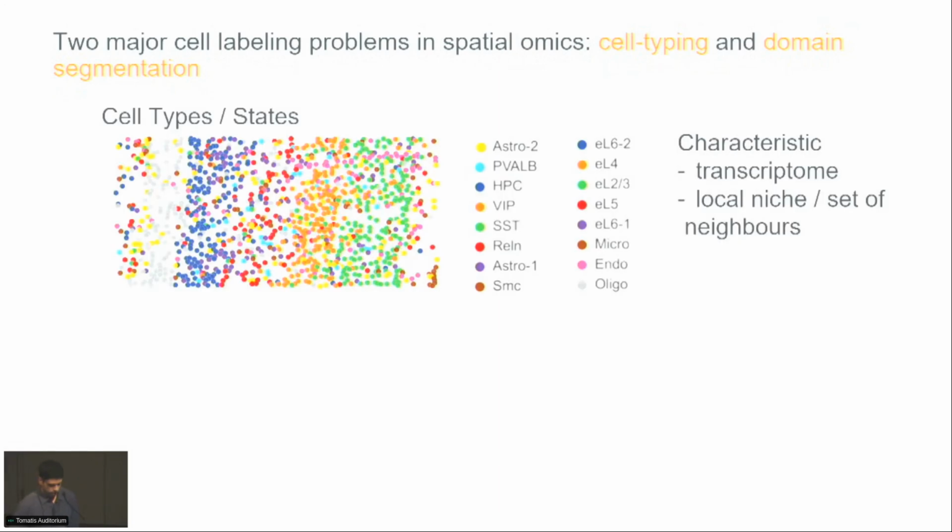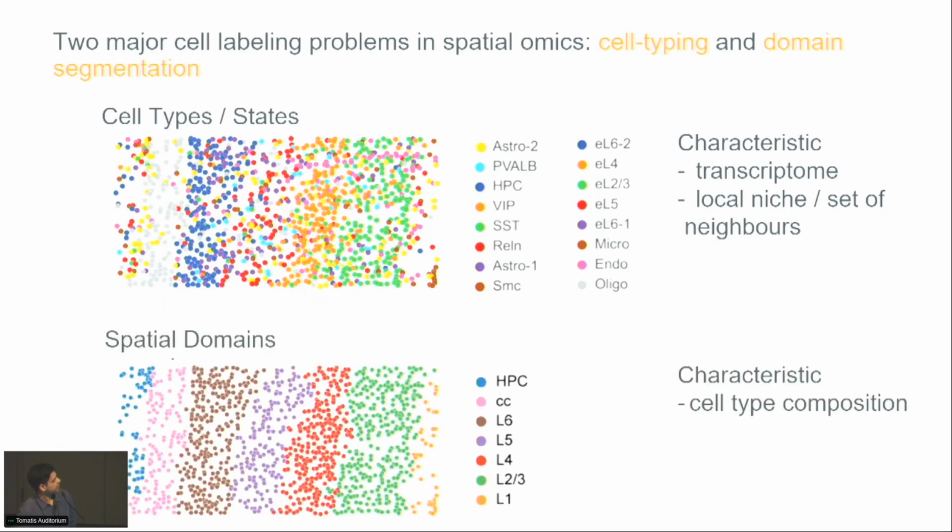So there are two broad problems within cell labeling in spatial omics: cell typing and domain segmentation. Traditionally, you would say cell types are defined by the transcriptome, but we would argue that the set of neighbors can also be influential in influencing the state a cell is in, even if it's not something you would use to define a cell type.